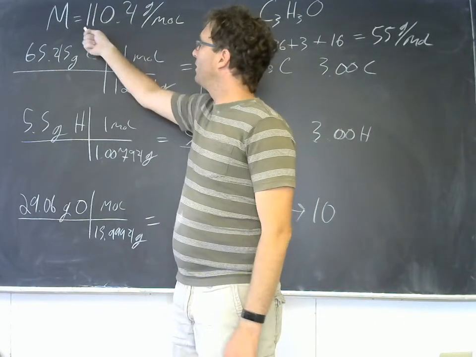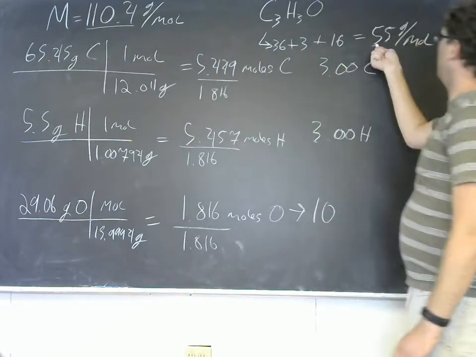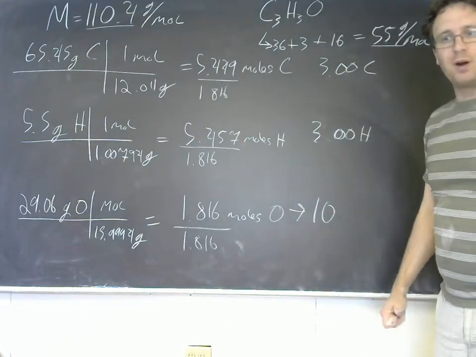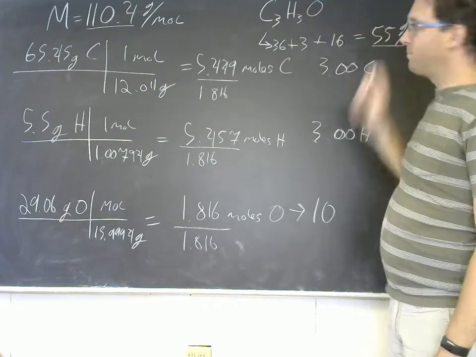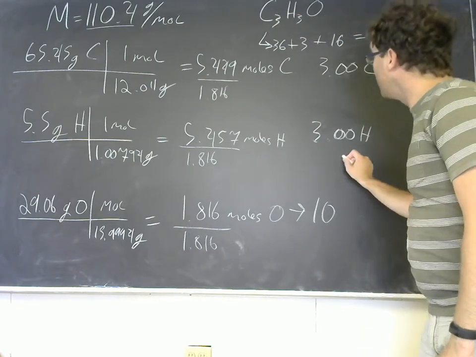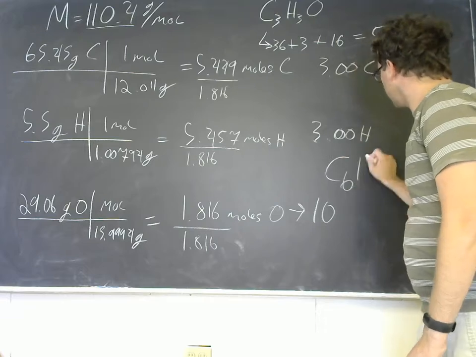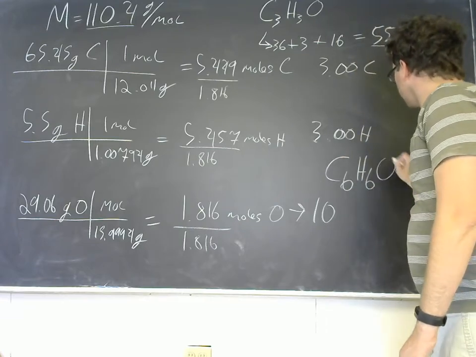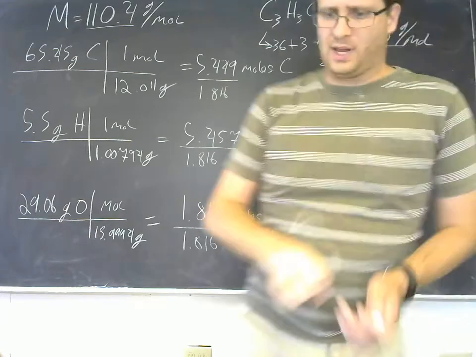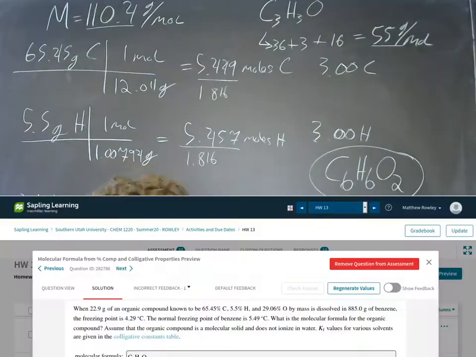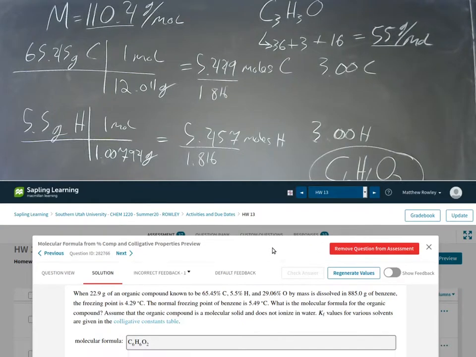Well, what do you know? This number is double that number, which means that the molecular formula is double the empirical formula. In the end, we should have C6H6O2. And let's just go back real quick and check that answer, C6H6O2, and that looks like that's correct. Okay, so good luck with your own numbers.